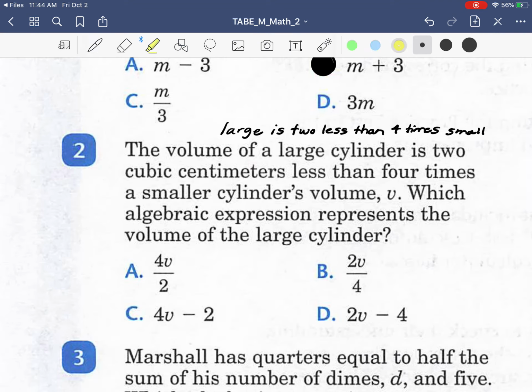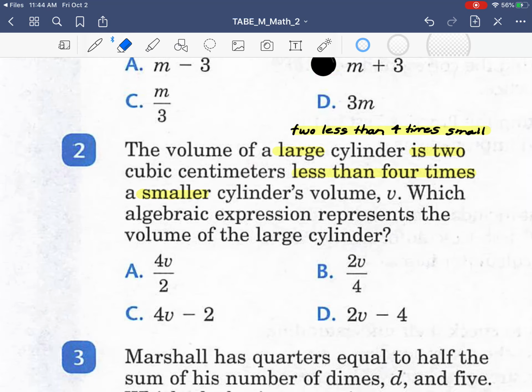Let me highlight it for you in the story. Large is 2 less than 4 times the small. I'm just pulling out those words to make this expression. Now, I don't want the words large and is in there because I don't want an equal sign.